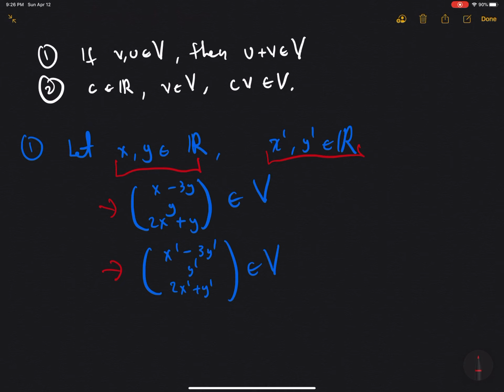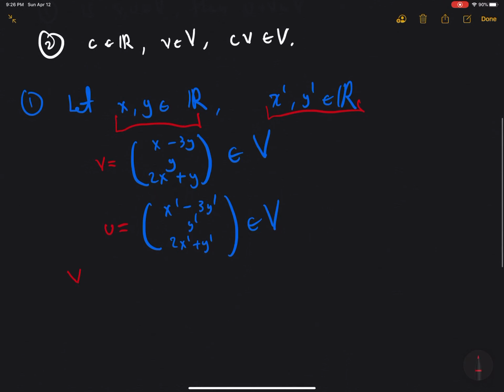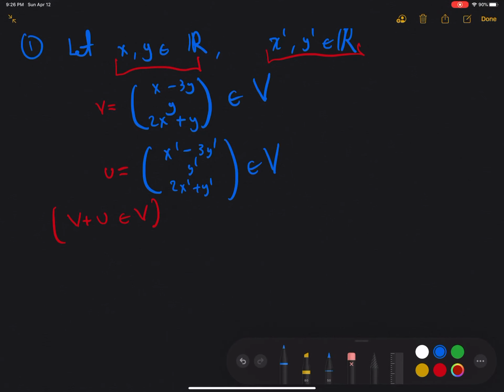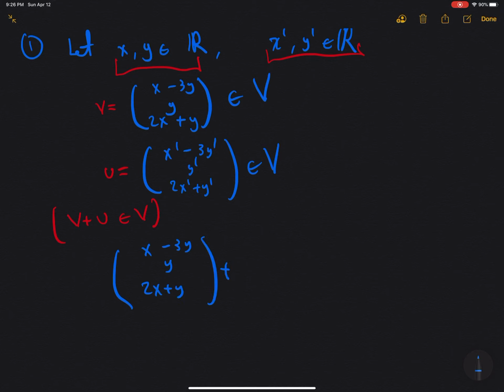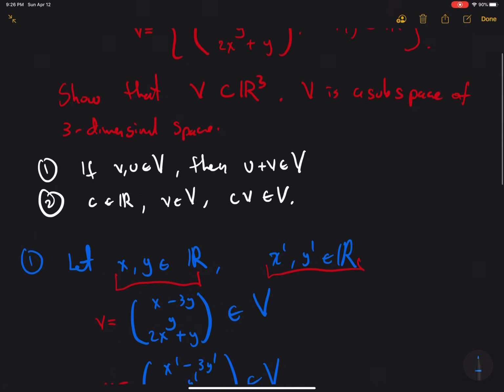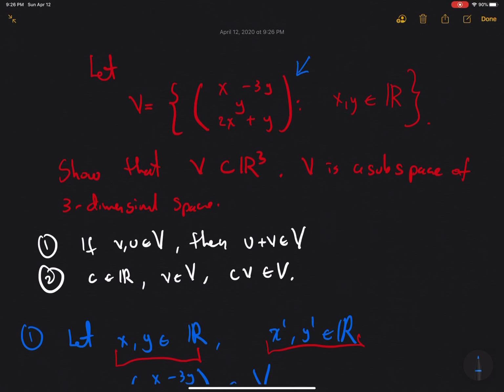What we did was choose two sets of parameters that gave me two different vectors in our set V. Let's call the first one u and the second one v. We want to show that if I add these two combinations, we end up with something else that is also in V. And what it means to be in V is that we satisfy a shape like this.